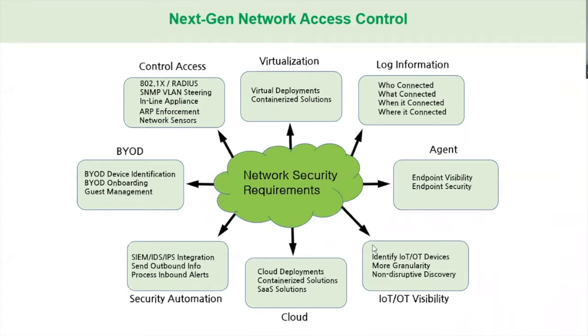And last but not least, cloud. So cloud deployments and containerized solutions were offered. However, if you think back historically, those were in the context of just providing a cloud UI or a cloud management component to your NAC solution. The NAC solutions themselves typically always focused on an on-prem network and a corporate network.